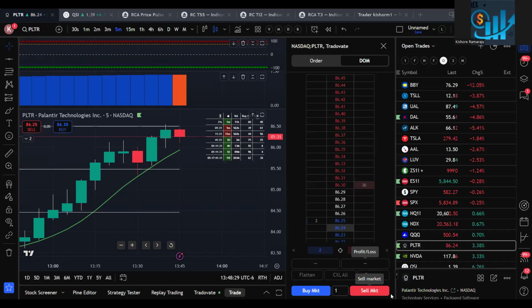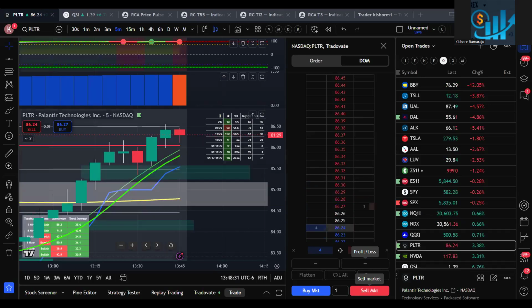PLTR is moving good. Yesterday we got PLTR bull puts. They should move into profits in some time.